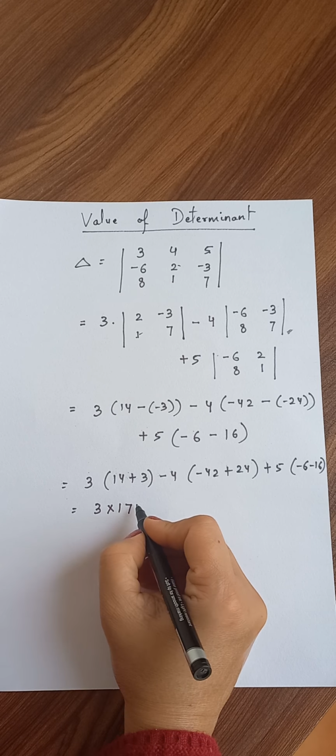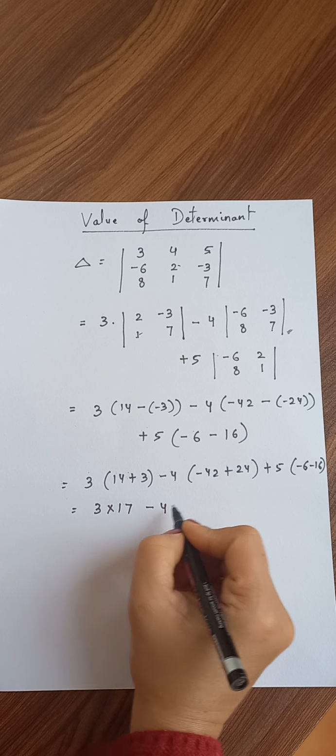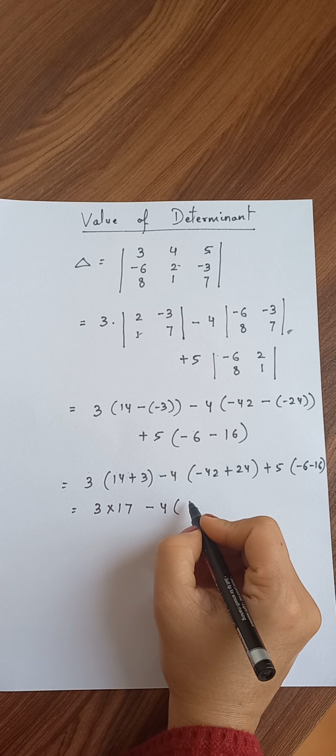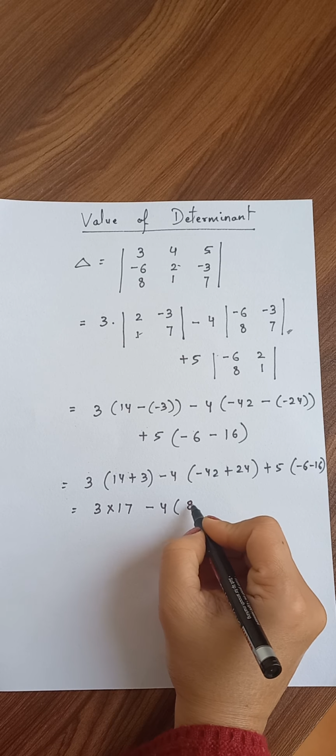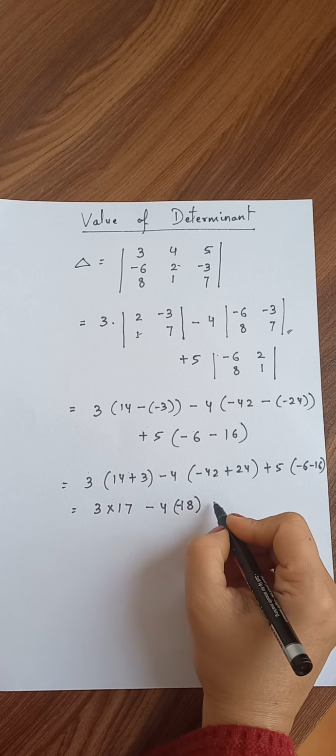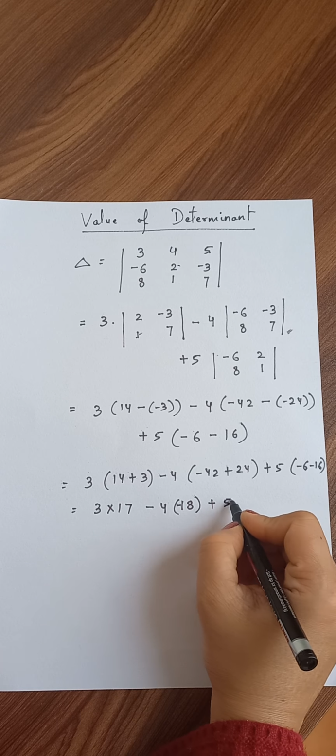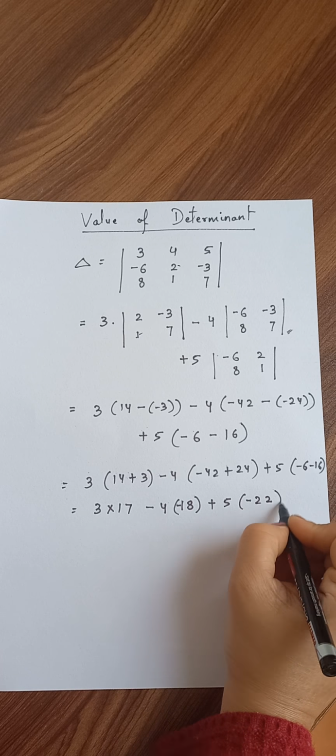you'll get 17, minus 4, which will be 18 minus 18, then plus 5 minus 22.